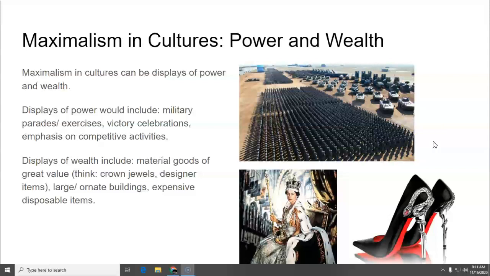So think about things like the crown jewels, designer clothing, head to toe in a designer brand, large ornate buildings. Think palaces, cathedrals, really expensive modern architecture, the Sydney Opera House, and also expensive disposable items, meaning items that are not necessarily built to last a lifetime.